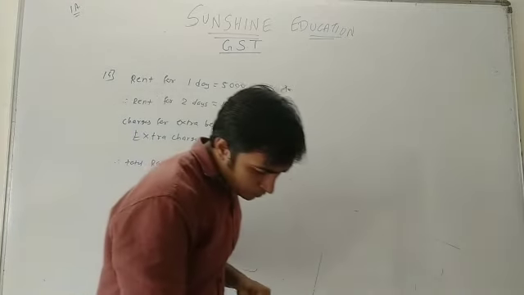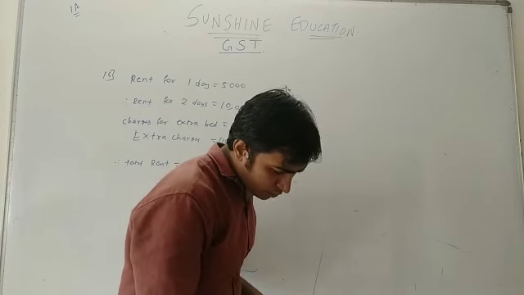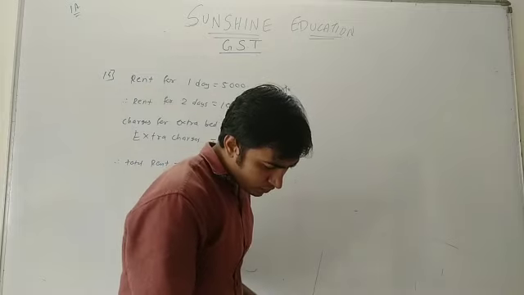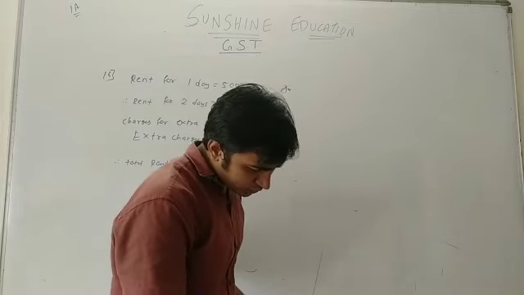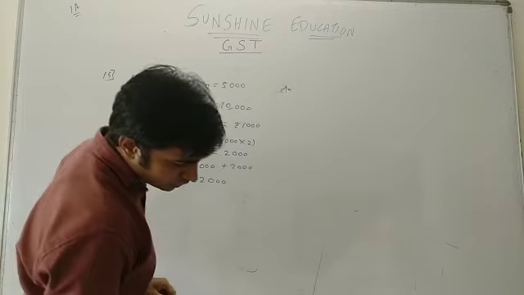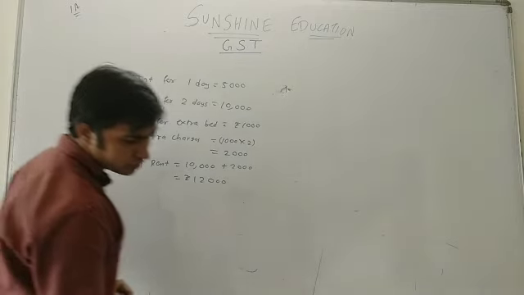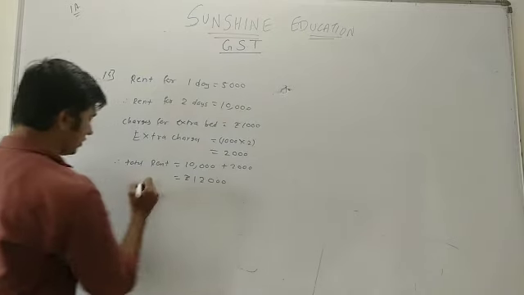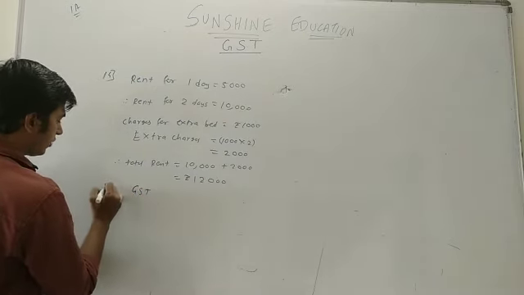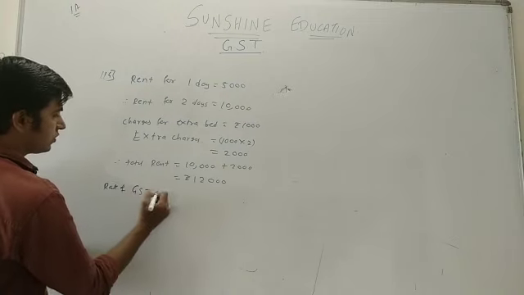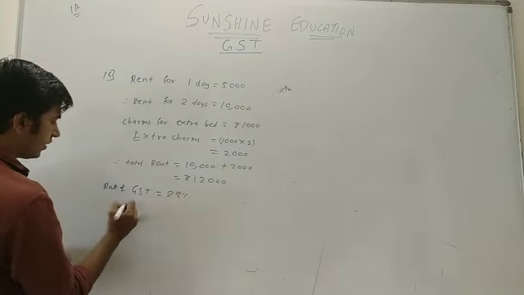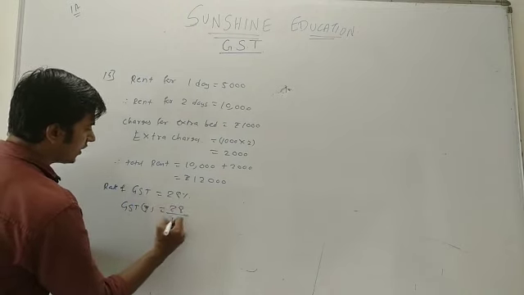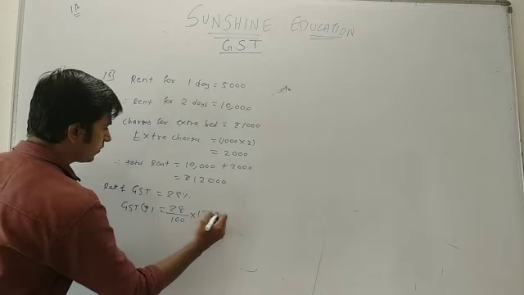What is next? How much GST at the rate of 28% is charged by the hotel in the bill to Mr. Malik? The question is just to find the GST. Rate of GST is 28%. Therefore, GST in rupees is 28 upon 100 multiplied by 12,000.